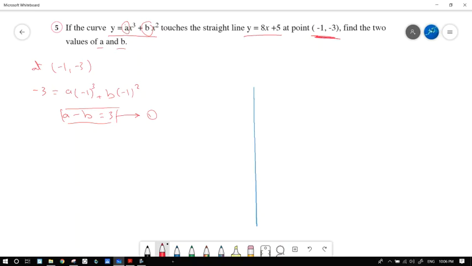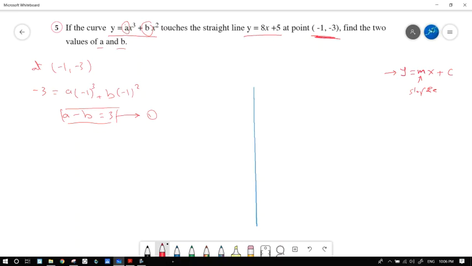If you remember from the previous years, if the equation of the straight line is in the form y equals mx plus c, this m here is the slope of the straight line.